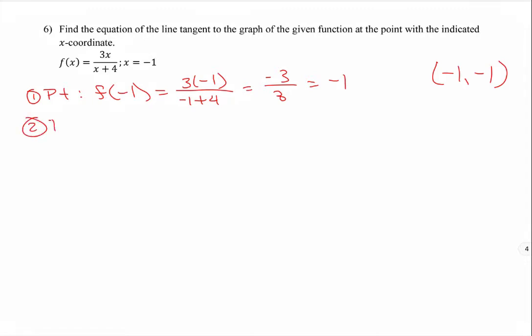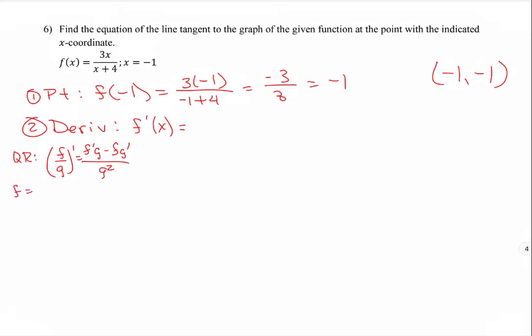Second is find the derivative. So f prime of x equals, and so that's the quotient rule. So that's f over g prime. So that's f prime g minus f g prime over g squared.